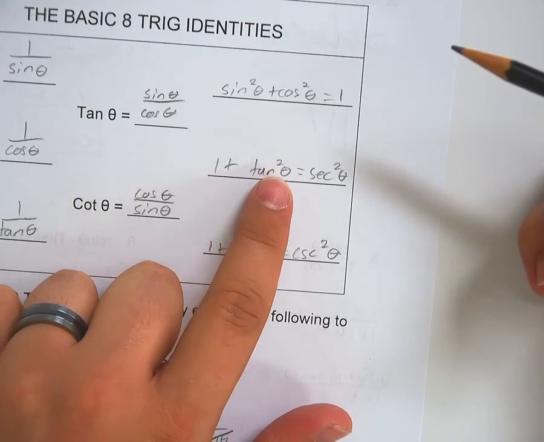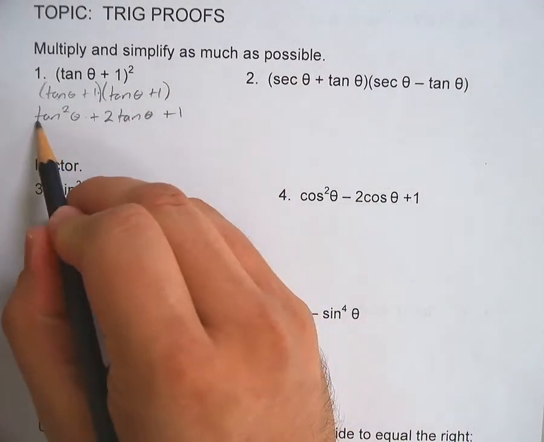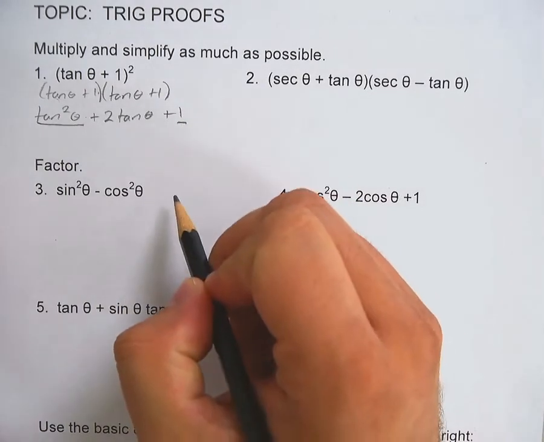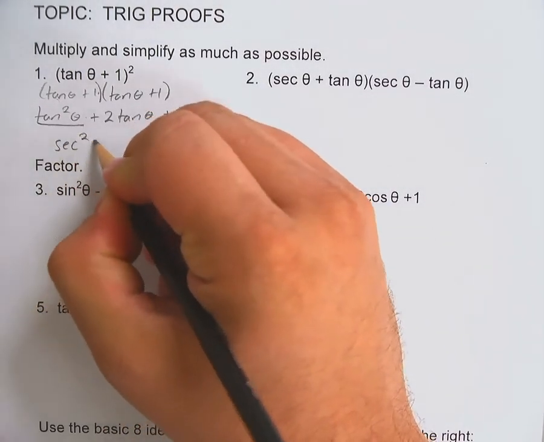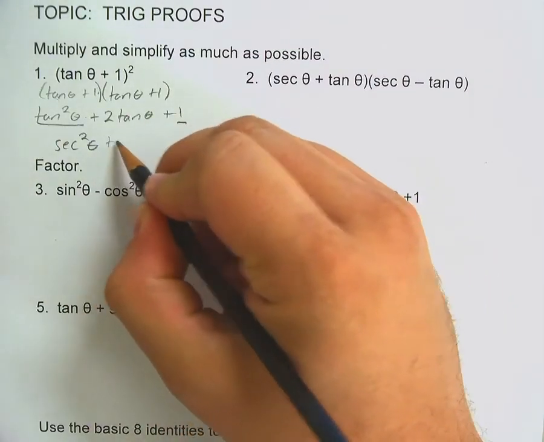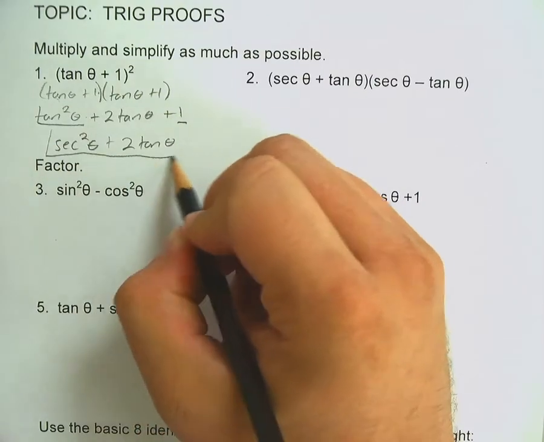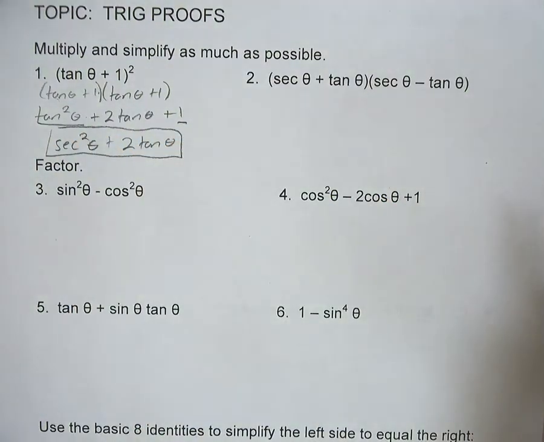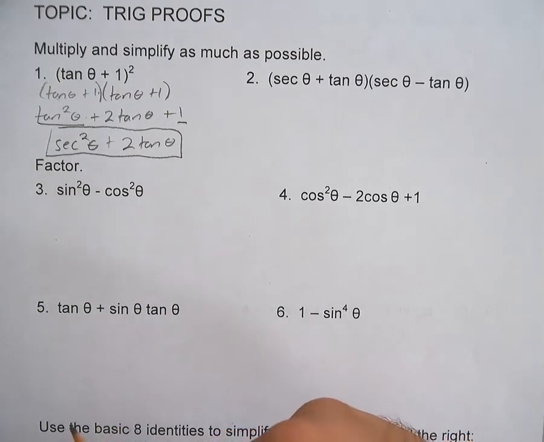Couldn't we say that tangent squared theta plus 1 is secant squared? So I'm going to take this and call that secant squared theta plus 2 tangent theta. That'll give you an idea of where we're headed. I'm trying to simplify as much as possible.